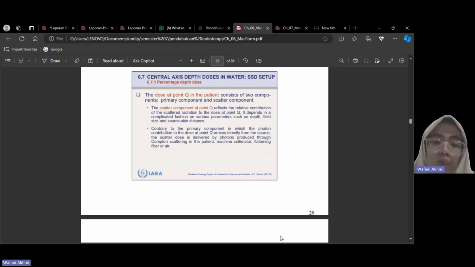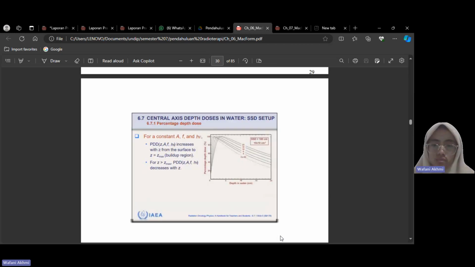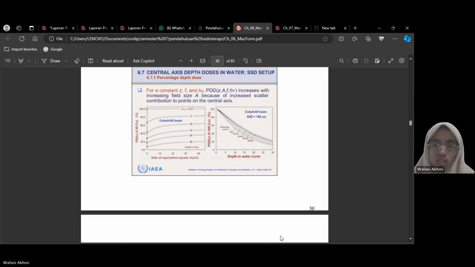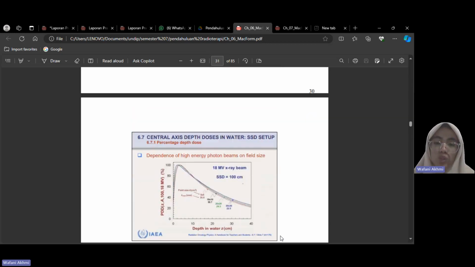The dose at point Q in the patient consists of two components: a primary component and a scatter component. Here is the graphic of percentage depth dose.